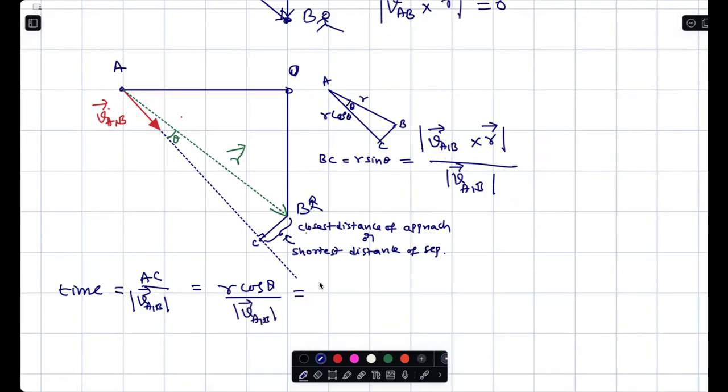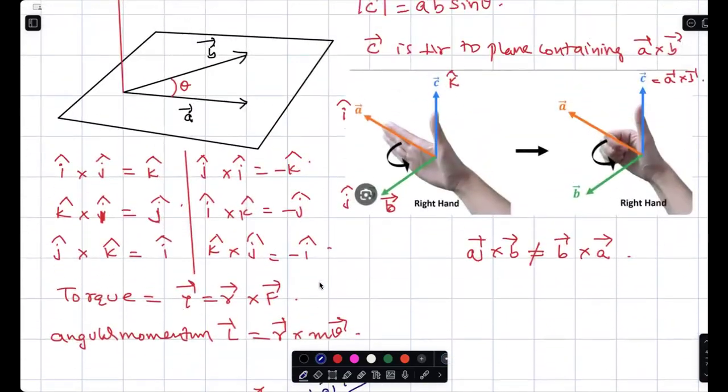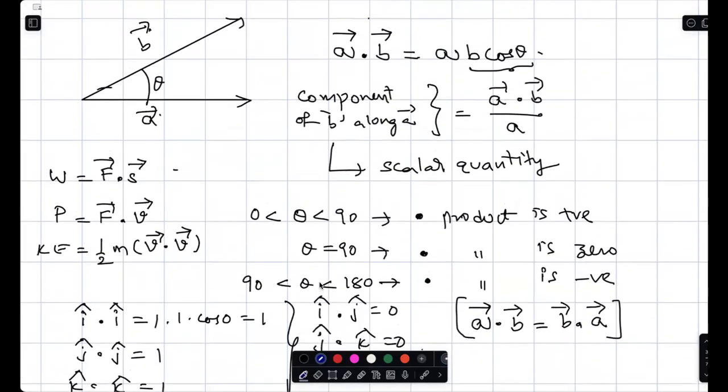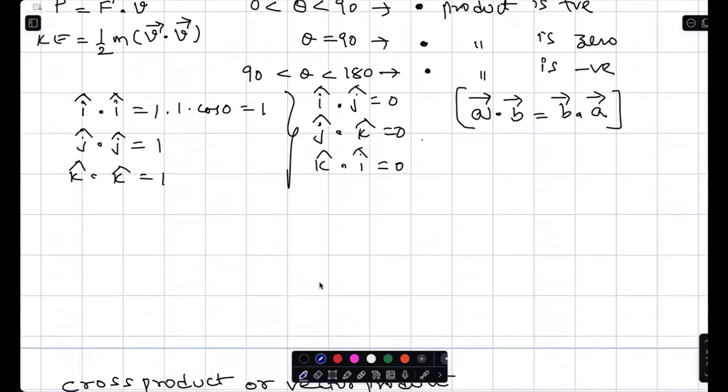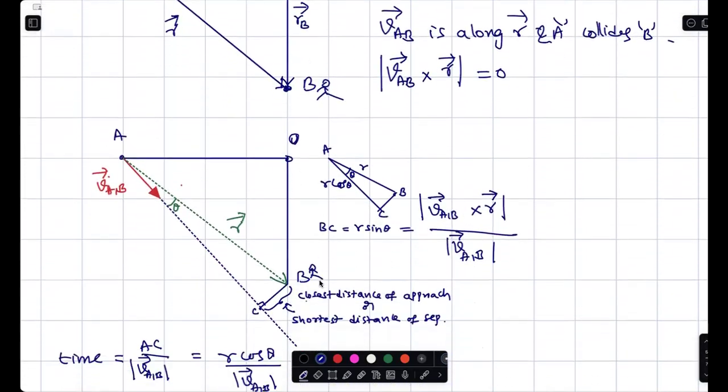Or dot product I have given. If you want R cos theta, dot product, just now I taught you, just now. If you want R cos theta, what you will write? Component of B along A, R cos theta is what you want. You will write it as A bar dot B bar by A. Same thing I am going to use here. I want R cos theta here. R cos theta.